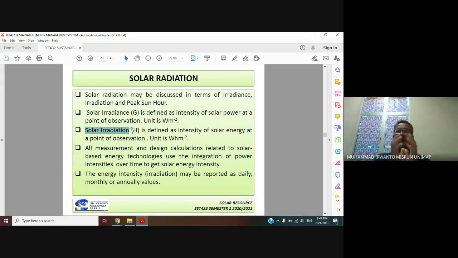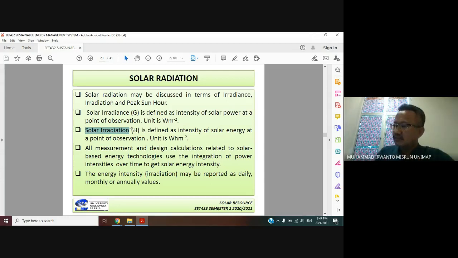When we want to analyze the solar irradiation, we can analyze daily, weekly, monthly, or annually, depending on the availability of the solar irradiation data.